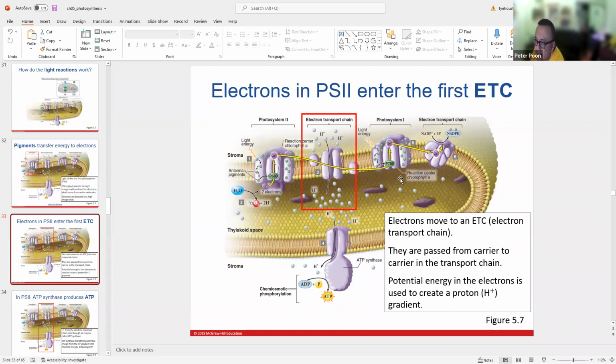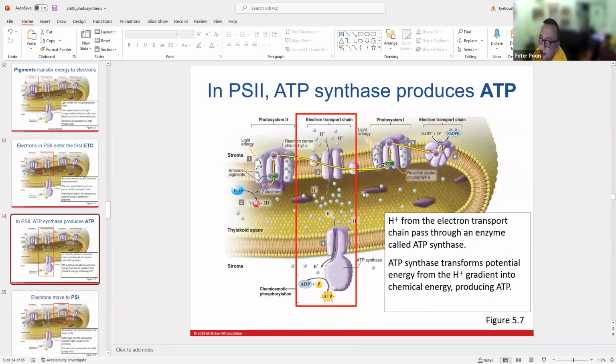The electron transport chain generates enough energy to pump hydrogens into this membrane. The hydrogens do not want to be here. They want to come back out, so they come back out through the ATP synthase and generate ATP as a result.